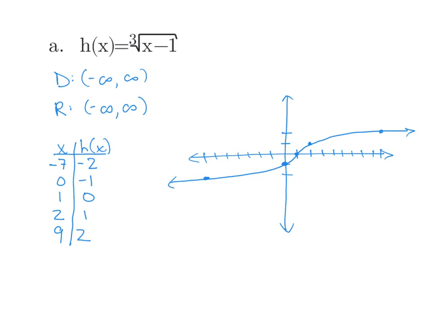It should look something like this. One of the things to note is that all of our odd root functions will have kind of the same basic shape. They will just be either stretched out or compressed down a little bit more.